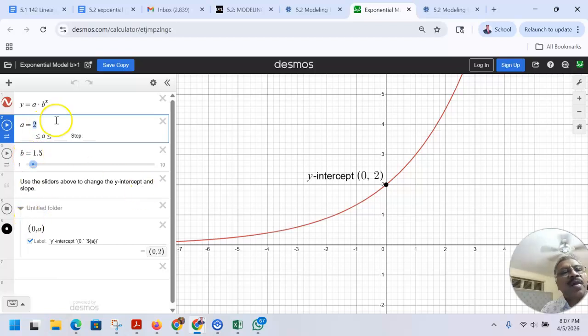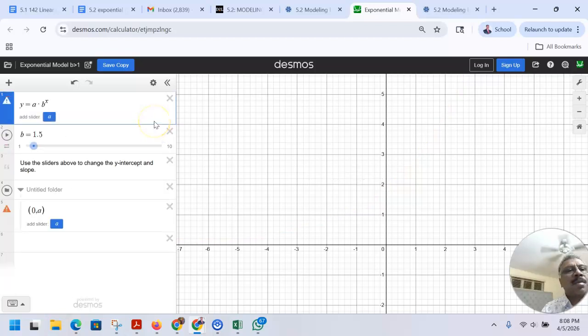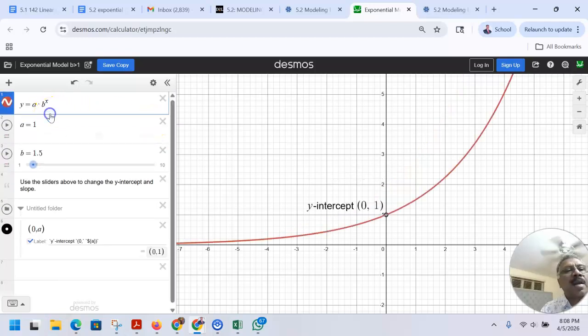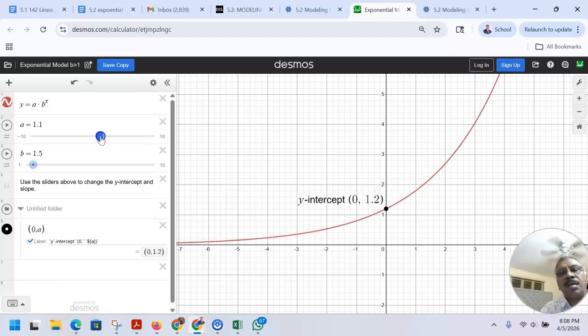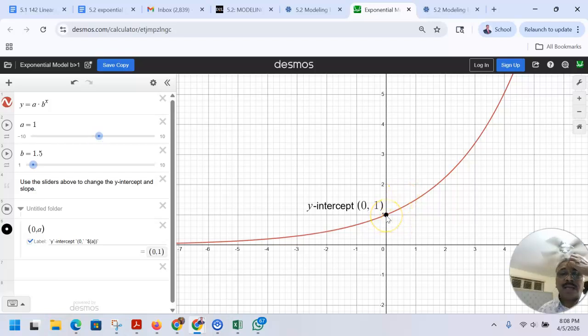Now we can easily change this a. Let's take this off and add a slider for this. Here, if I increase a, can you see this a? If a is 1, that's the starting y.